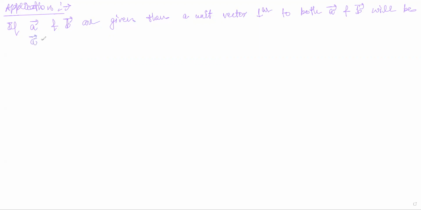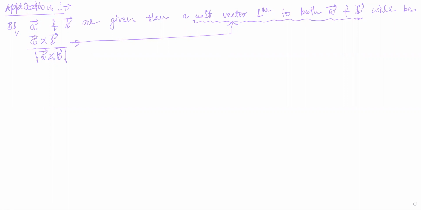A vector perpendicular to both A and B will be A cross B. If I divide it with the magnitude of the same vector, then this is a unit vector perpendicular to both A and B: A cross B divided by the magnitude of A cross B.